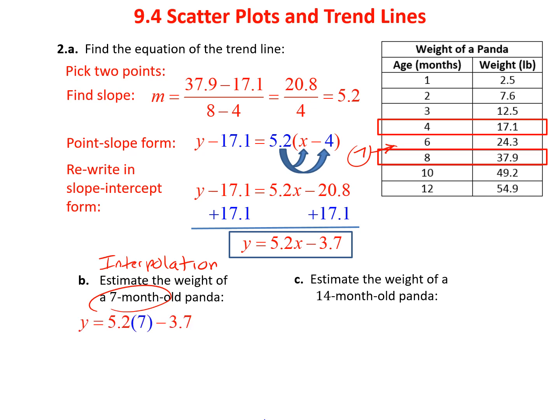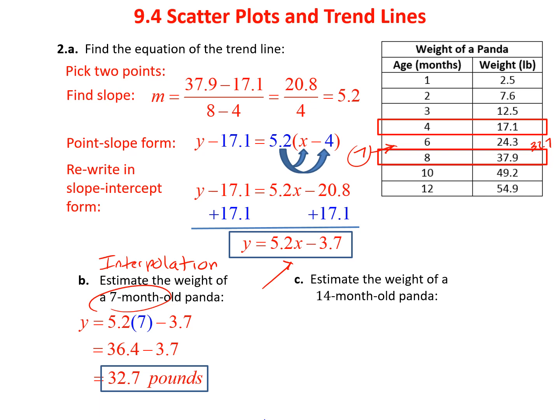So what I have to do now is take my equation and simply plug in 7 for x, because it's going by the month, and now we just algebraically solve it. So that's 36.4 minus 3.7, and it would be about 32.7 pounds. If you look up here, 32.7, yep, that fits between there and it looks good.